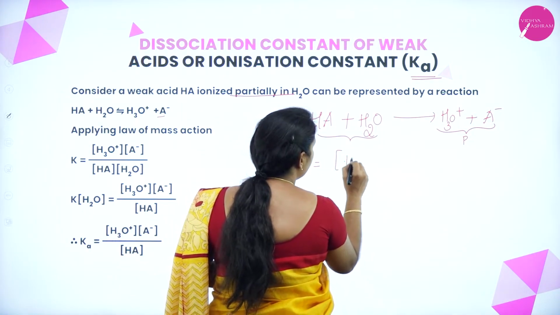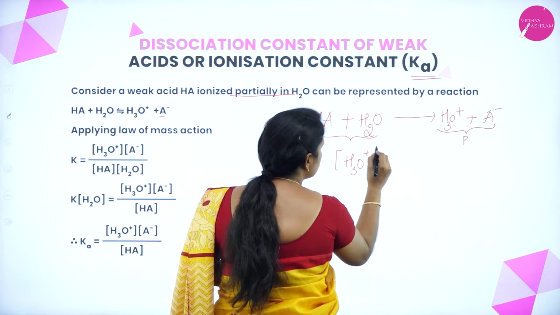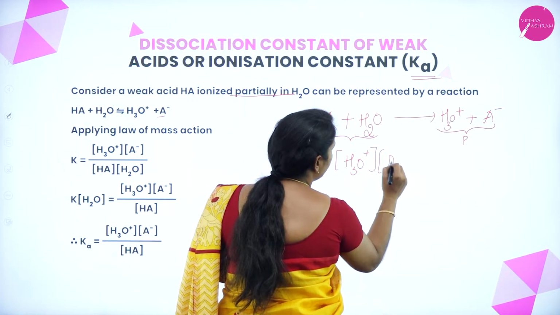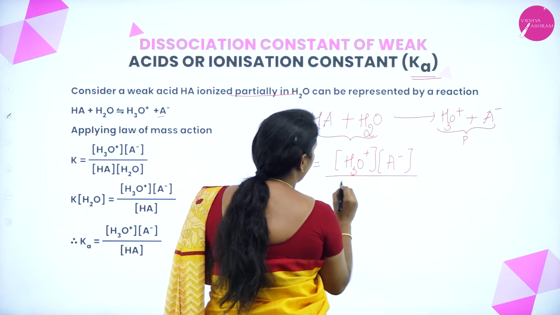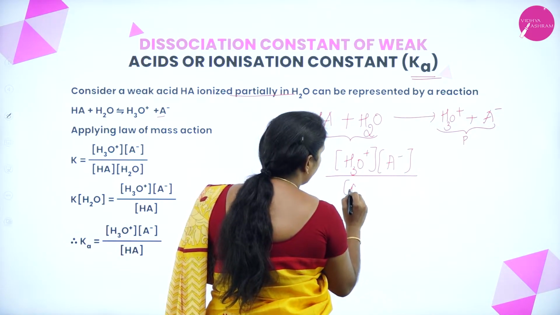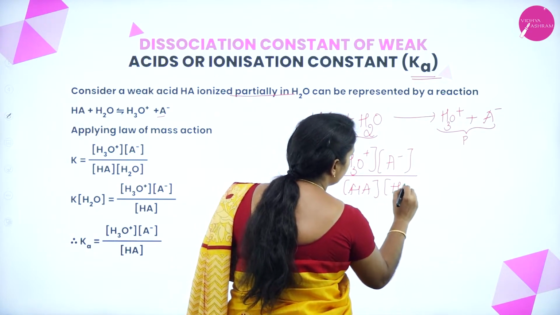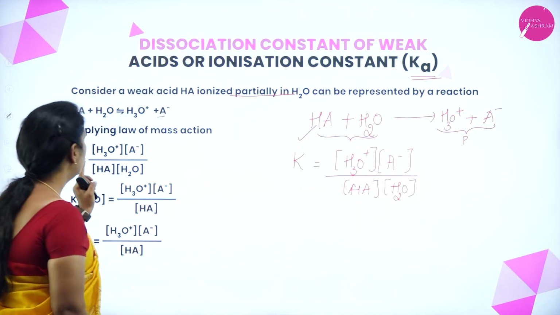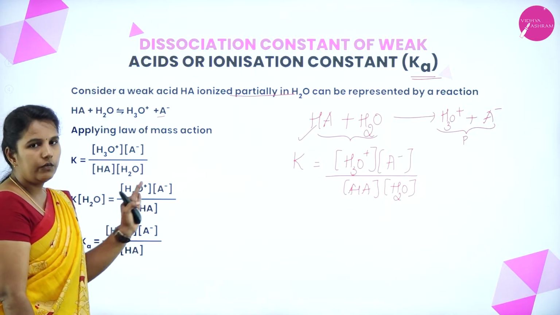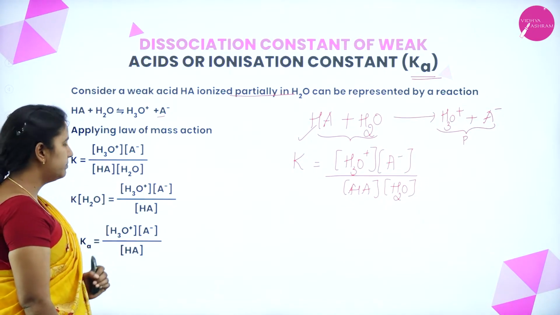So I can write K equals H3O plus ion into A minus ion divided by molar concentration of HA into molar concentration of water. This is what we get when we apply the law of mass action.